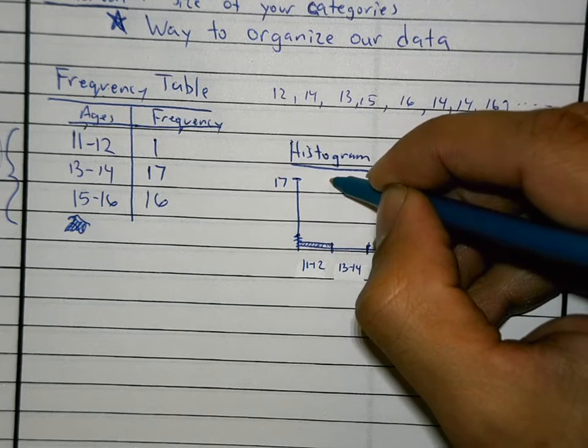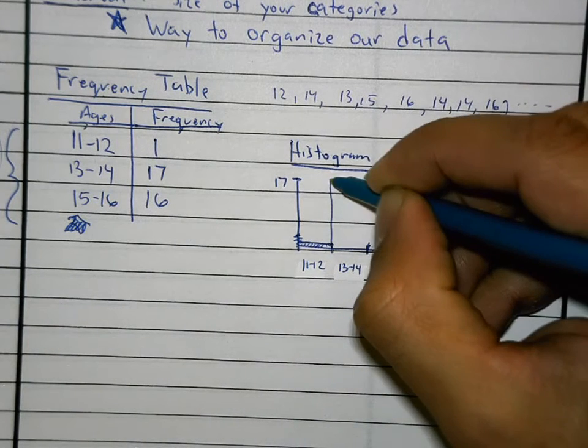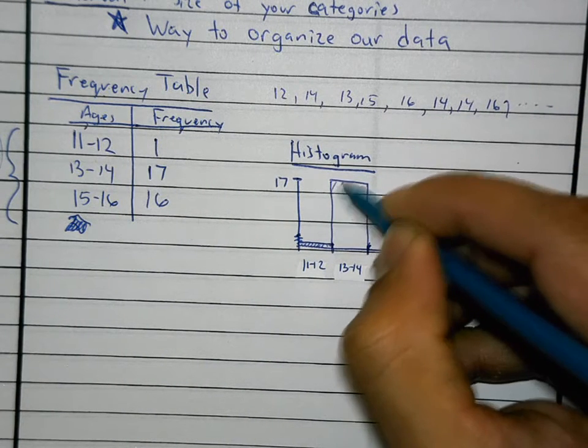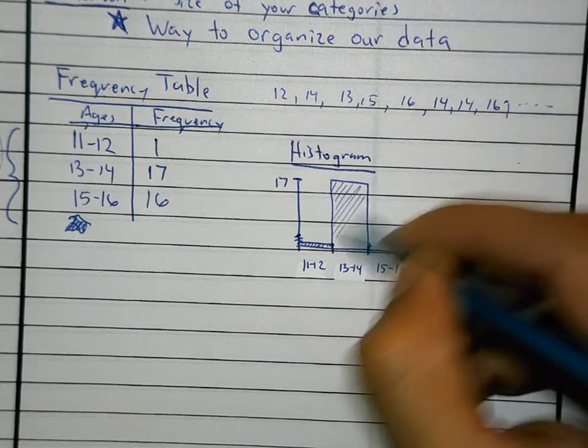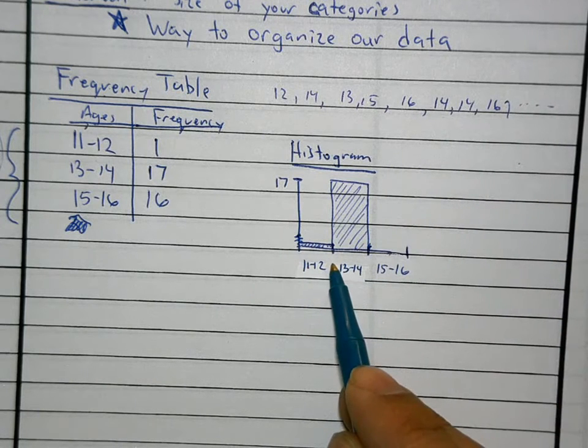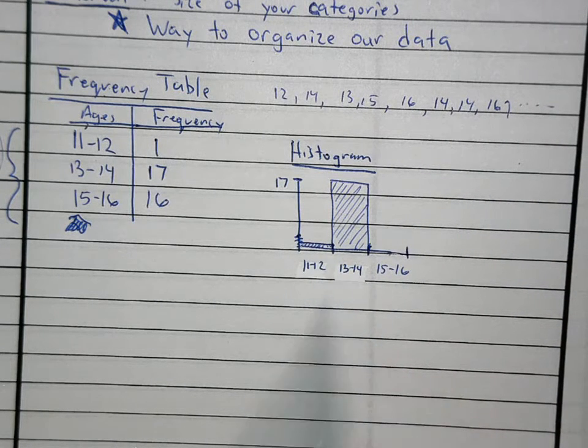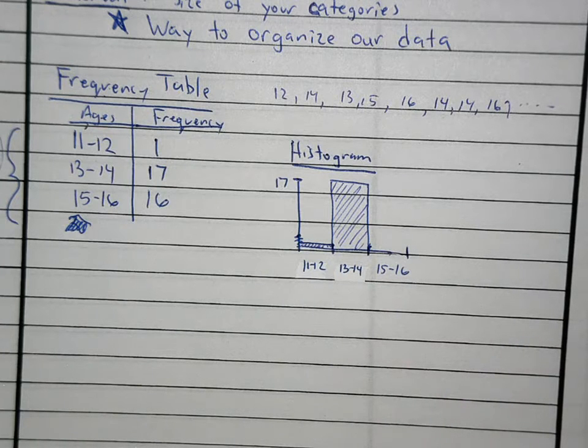So we're going to go all the way up to the 17. And I usually like to color it in so I can see what it's like. Notice there is no space between our 11 and 12-year-old group and our 13 and 14-year-old group. No space. And 15 and 16-year-old group.